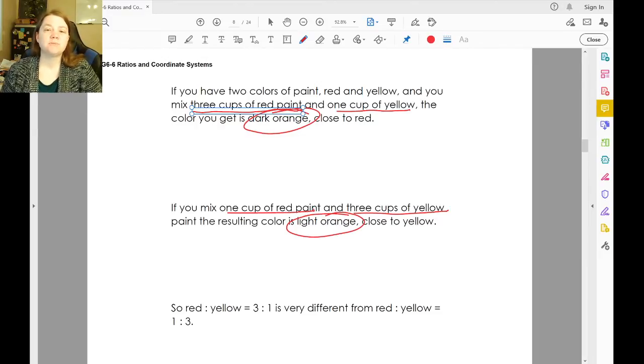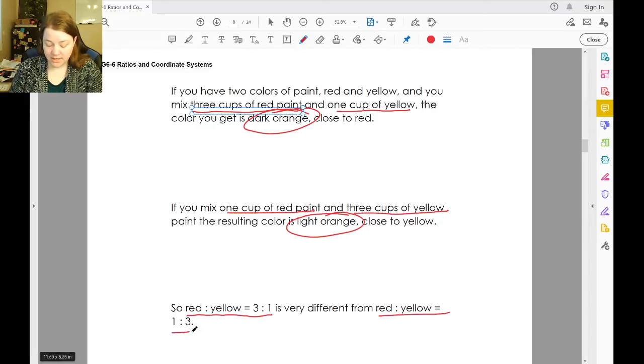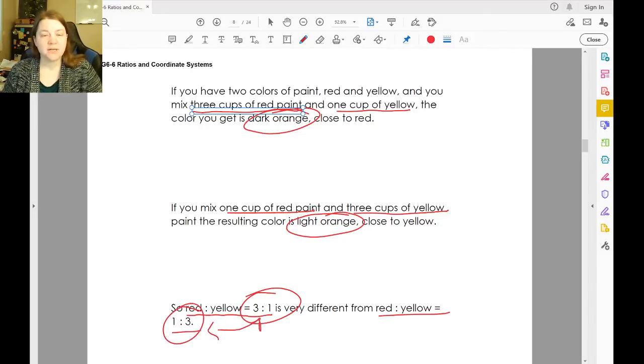That changes because it depends on which one you have more of, which is why we have to make sure that we follow the ratio and we follow the order. So red to yellow is very different from yellow to red if you're not careful about how you place those numbers. Note how those numbers in the ratio are different.